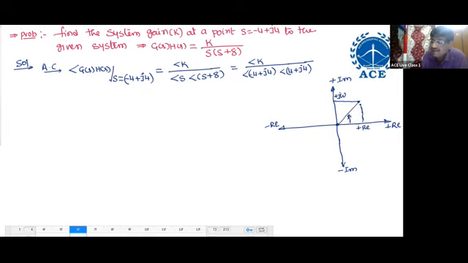Simply tan inverse of imaginary part by real part.